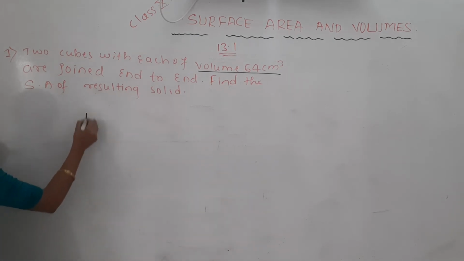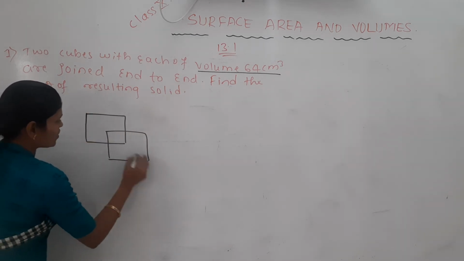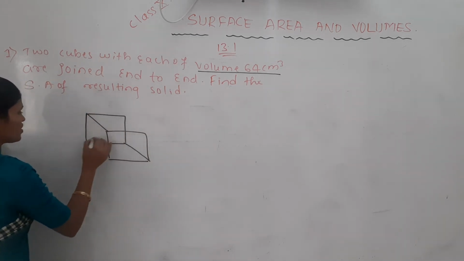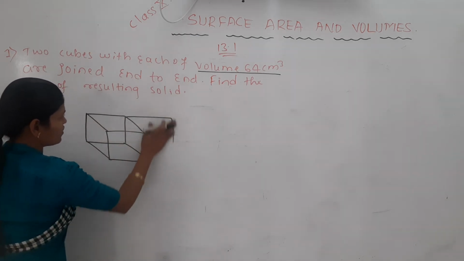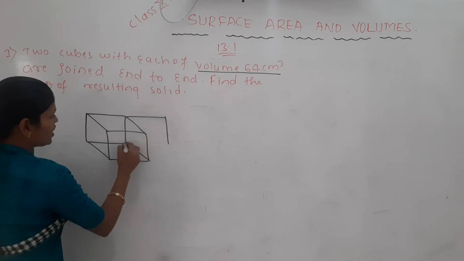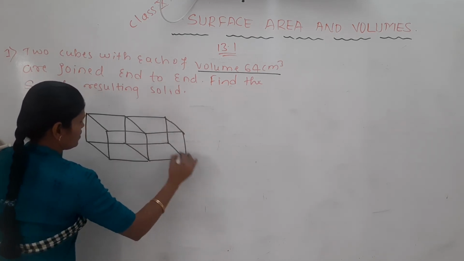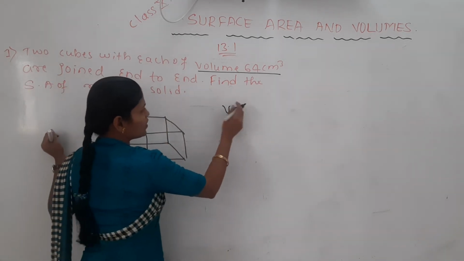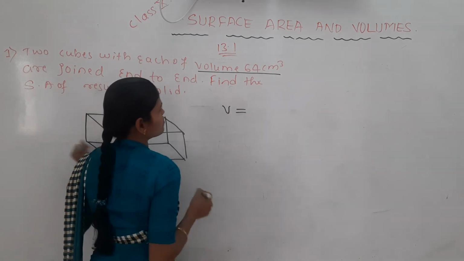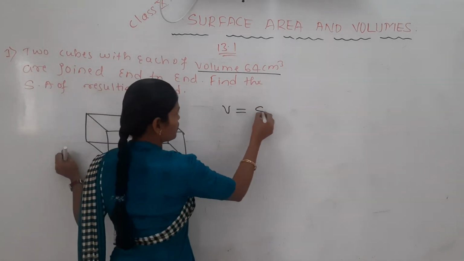Yes, just take this as one of the cubes. And what is the volume of this cube? 64 centimeter cube. Then one more cube is joined with this one, end to end. Now you know the volume of the cube. What is the formula to find the volume of the cube? a cube, means side cube.